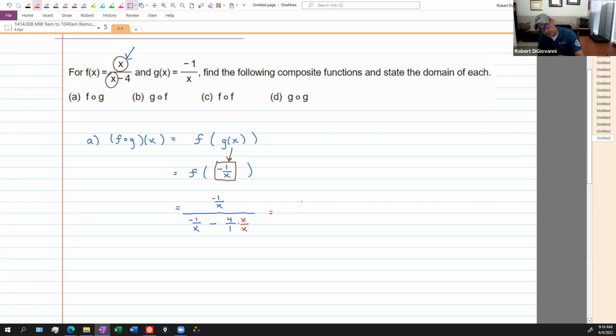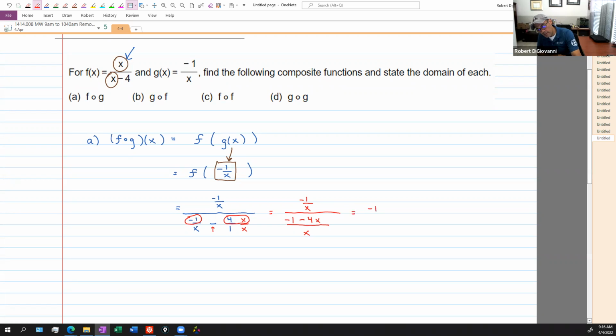So this becomes -1 over x over, okay, so I know that these both on the bottom will have the same denominator x. I put the numerator here, -1, together with this new numerator, 4x, but I have to subtract it, so -4x here. And then we have a fraction over a fraction, which is the same as multiplication of the reciprocal.